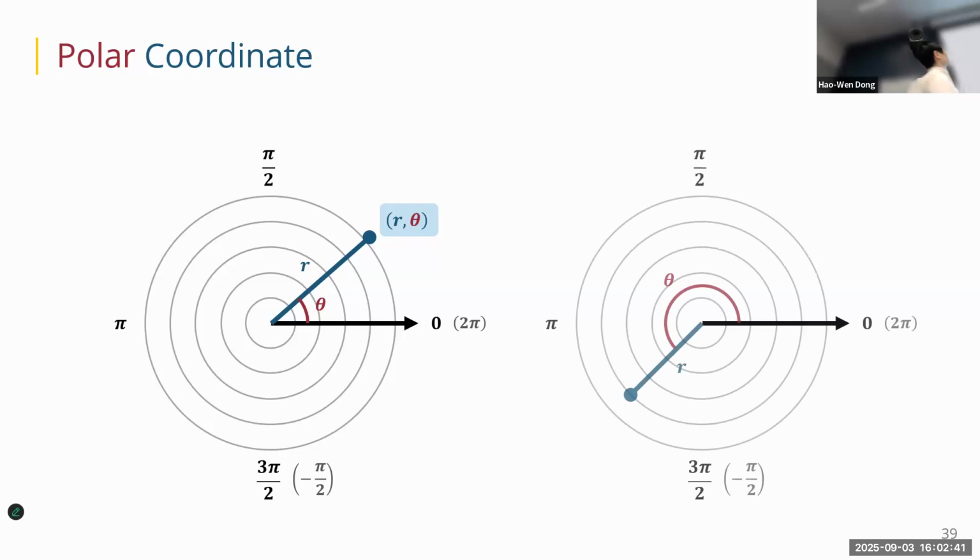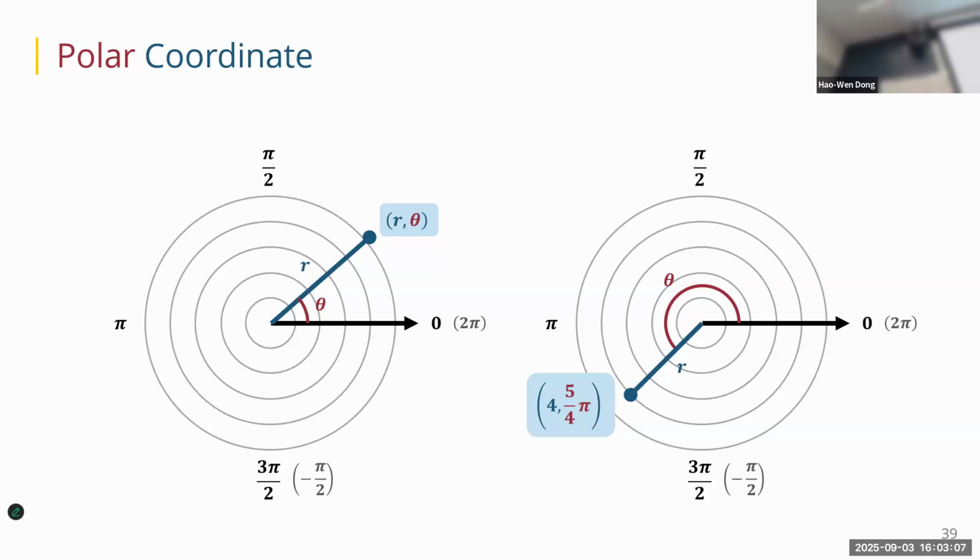But these are two different examples. Say this one is r, theta, but you can also move it toward this point. Then your theta will be larger than 180 degrees. It will be 235 degrees. So this point will be 4, 1.25 pi-ish.